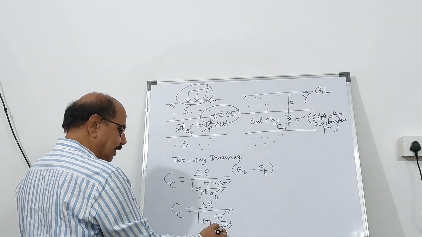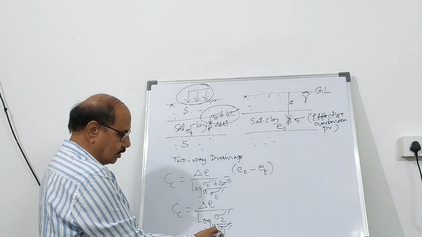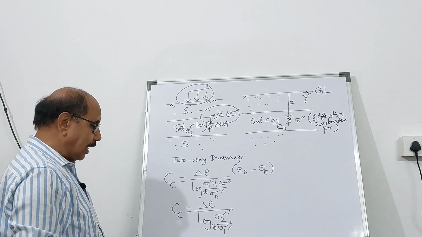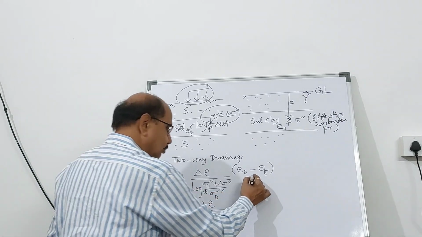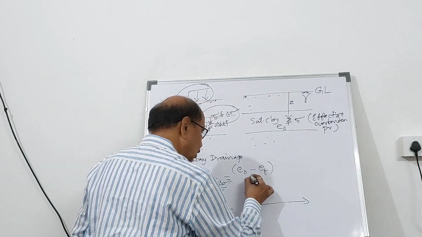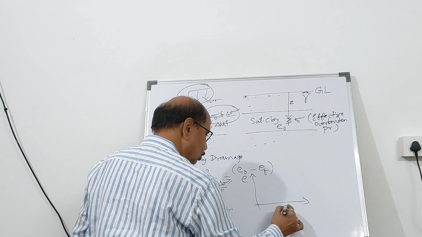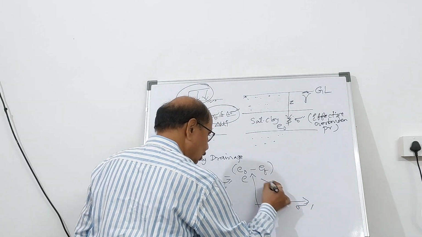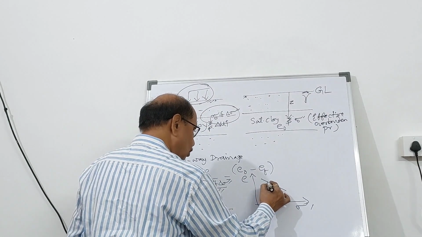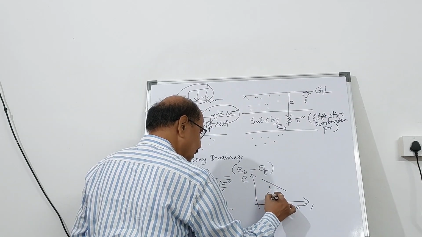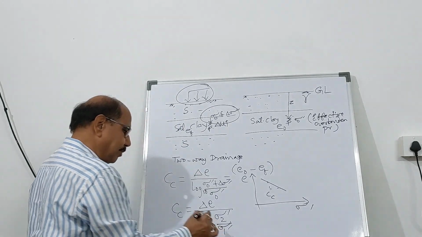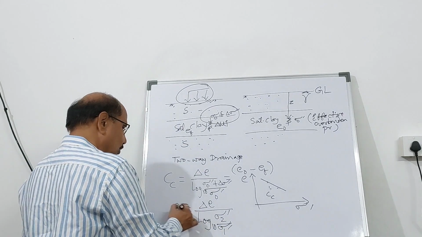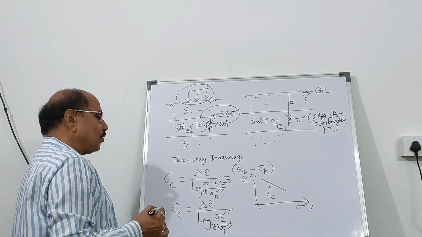The pressure is increased in the one-dimensional consolidation test from sigma 1 prime to sigma 2 prime, and when you plot it on semi-log paper, the void ratio versus effective pressure is going to be a straight line, and the slope of this line will give you delta e divided by log of sigma 2 prime upon sigma 1 prime. So you can find it out from this.